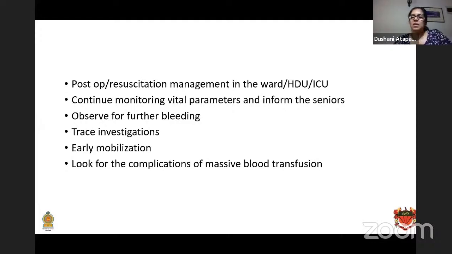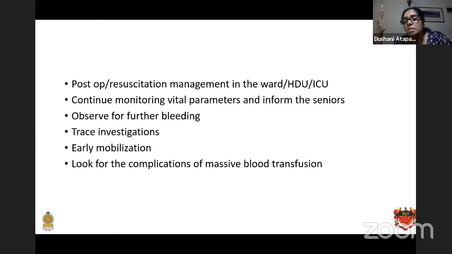So that's it. And then just to tell you about blood and the other product transfusion, as I said, you have to adhere to your own local hospital protocol, because in some centers, say in NHSL, NHK, these tertiary care centers, they have platelet, fibrinogen concentrates, factor concentrates, everything in the blood bank.